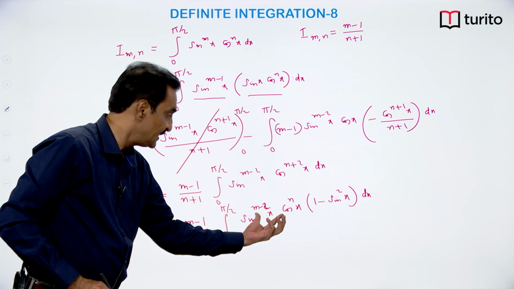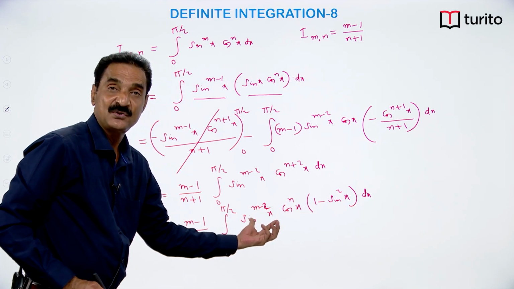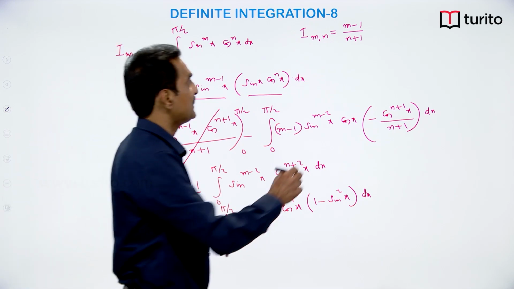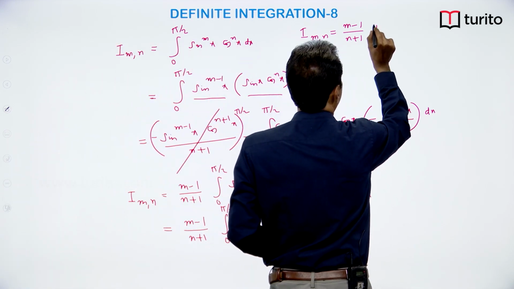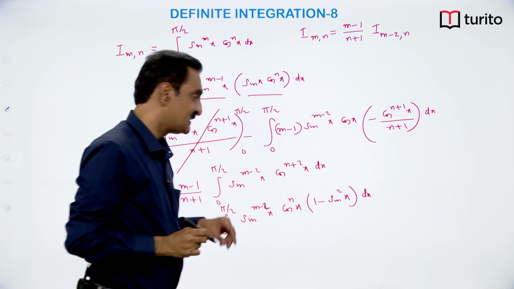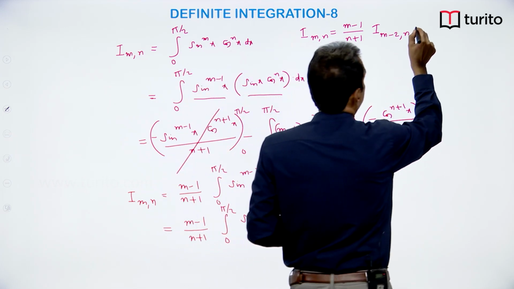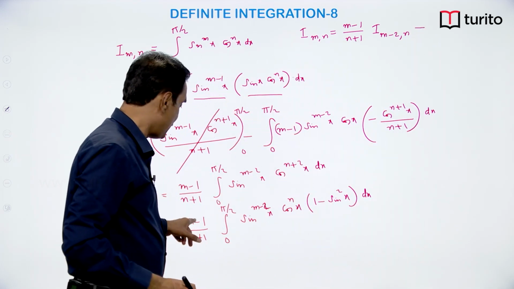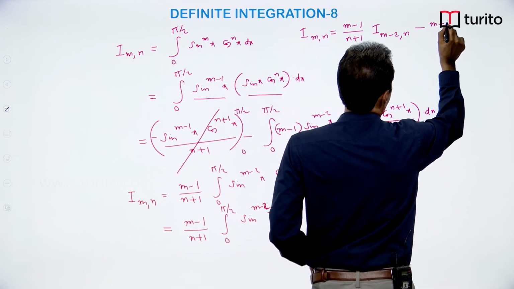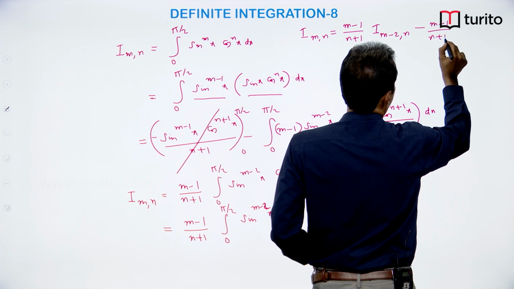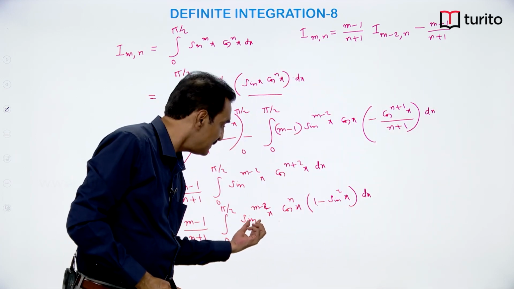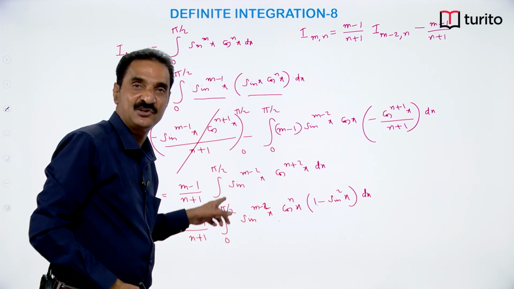Multiplying by this inside, this into 1 is sine power m minus 2 x into cos power n x, which is I m minus 2 comma n. Minus is there, minus again m minus 1 by n plus 1 into this into sine square x will become sine power m x cos power n x integral 0 to pi by 2.